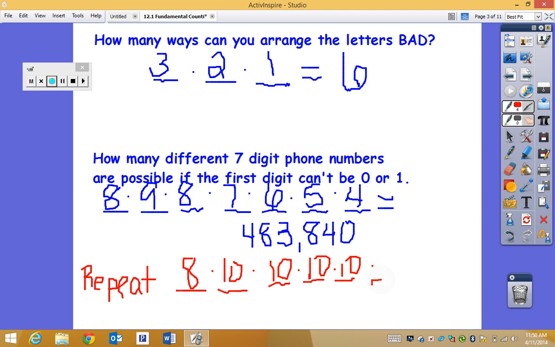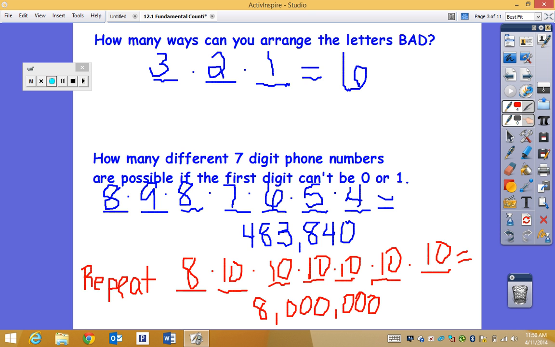That's going to give us a lot more different phone numbers. 1, 2, 3, 4, 5, 6, 7 different digits. And when I multiply that together, that's going to give me 8 million if I can repeat. But this said how many different 7-digit phone numbers if we would take that into consideration and want different digits for each one. But if the digits could repeat, there could be 8 million of them.